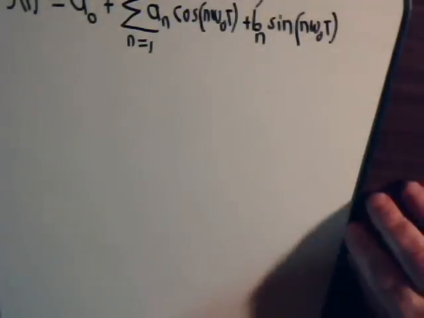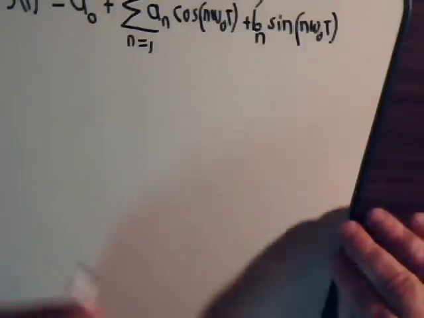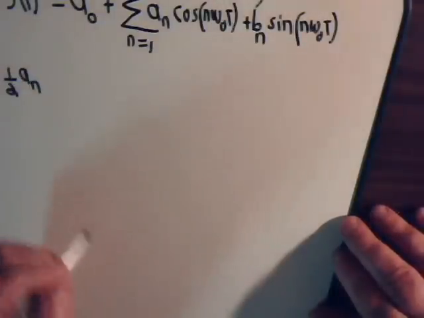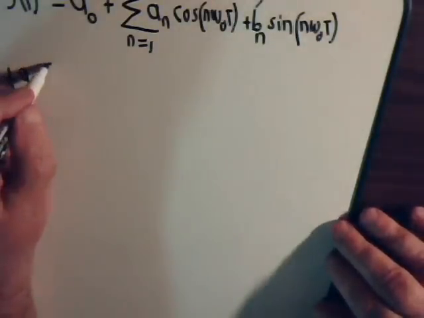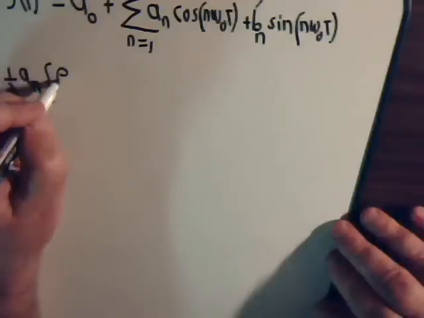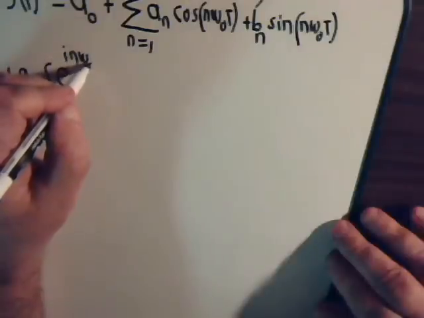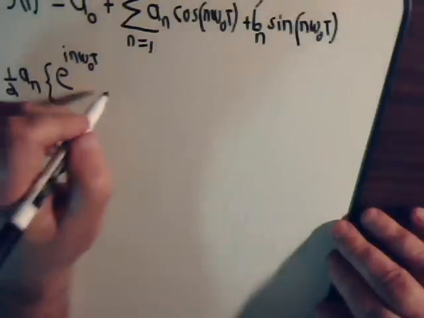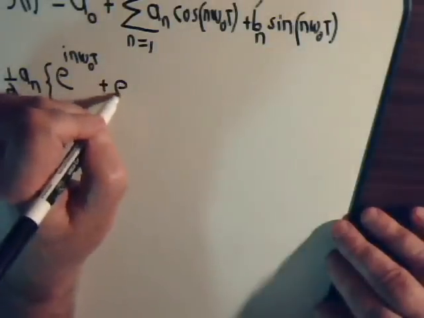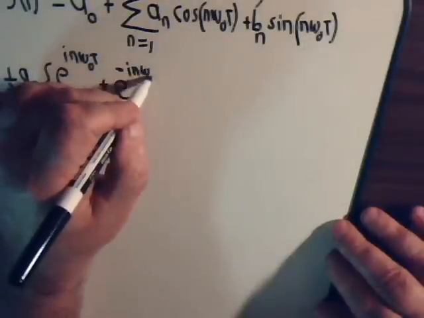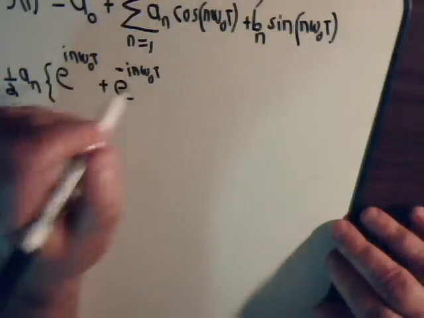times the cosine of n omega t, that would be the same thing as 1/2 a sub n times e to the I n omega t plus e to the minus I n omega t.